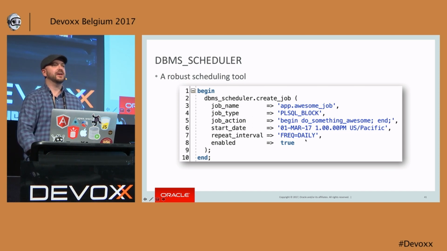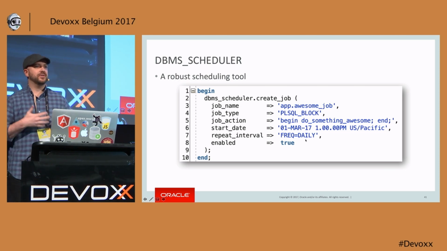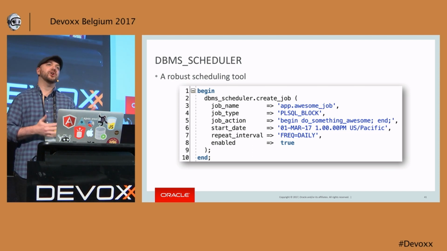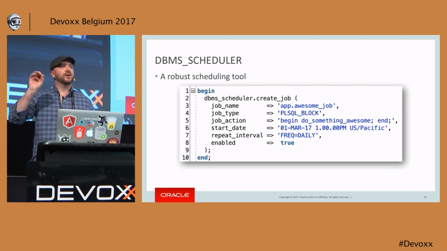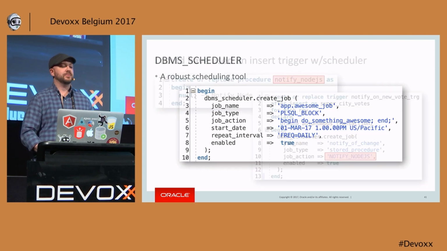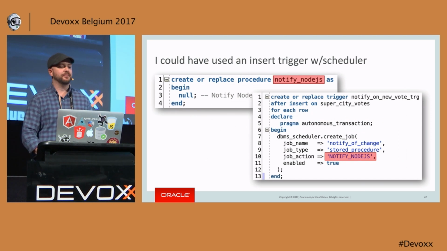We can set that to frequency daily, but really when I create a job, I don't actually have to set it up so that it's running all the time. I can create a job and then call it on demand. And what's unique about that is it basically spawns a background process to handle the job. So you're doing it asynchronously, so you avoid some of the issues that you might have with triggers. You're not holding things up.